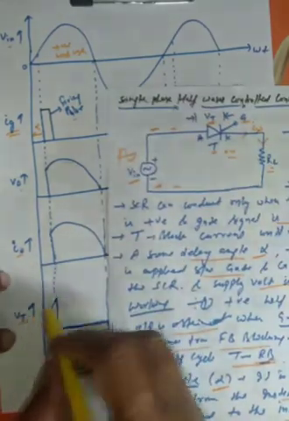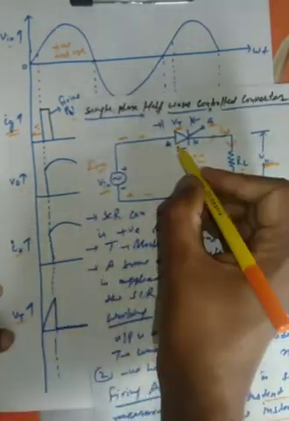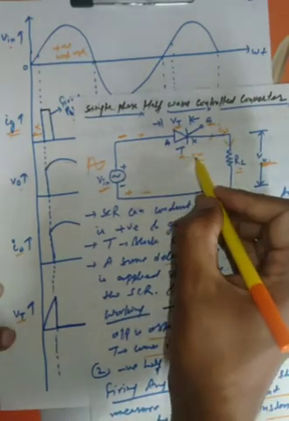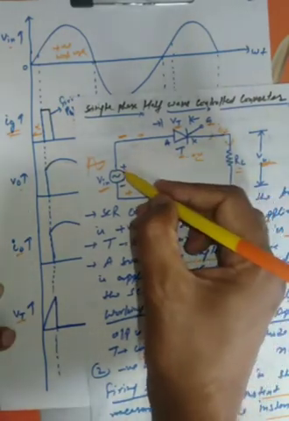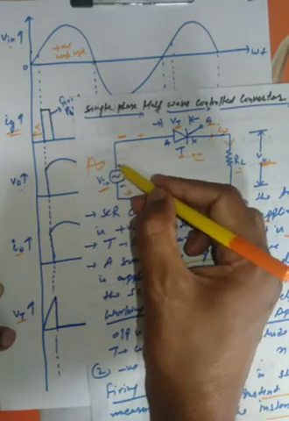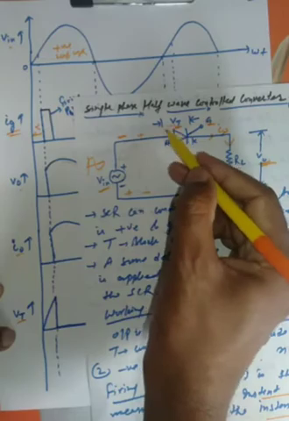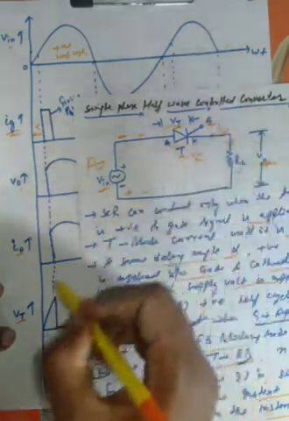And what happened with the VT? Until we have supplied the gate pulse, the thyristor will be in the off state, so all the voltage which has been supplied by V in will drop across the thyristor until we have supplied the gate pulse.